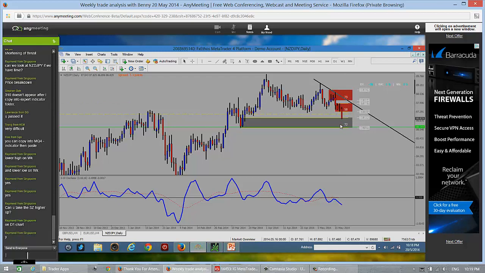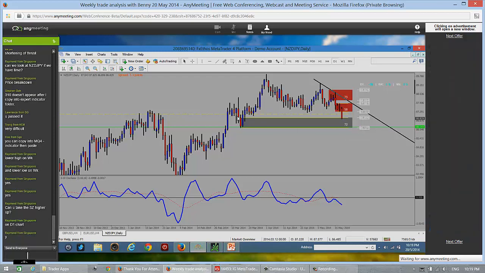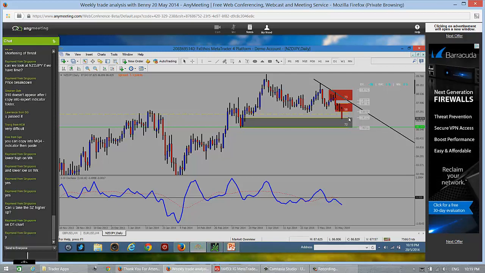So ideally, right, we want the price to still remove this demand. Remember I always talk about this, right? We always want the opposing supply and demand to be removed first before the price starts to pull back.